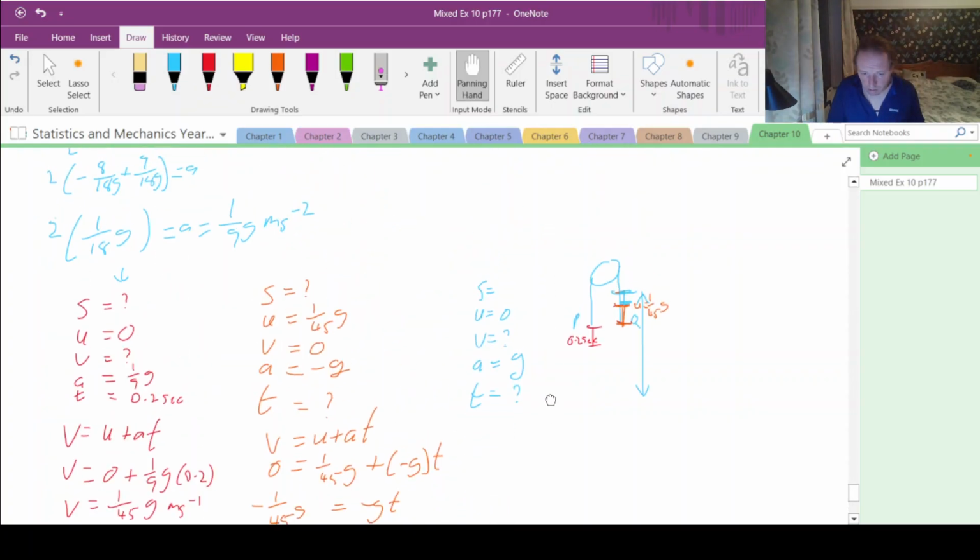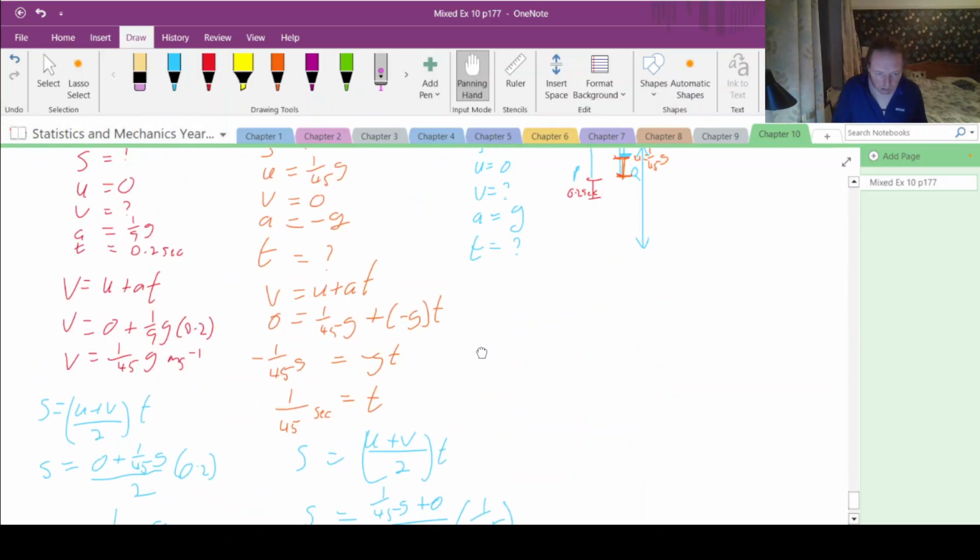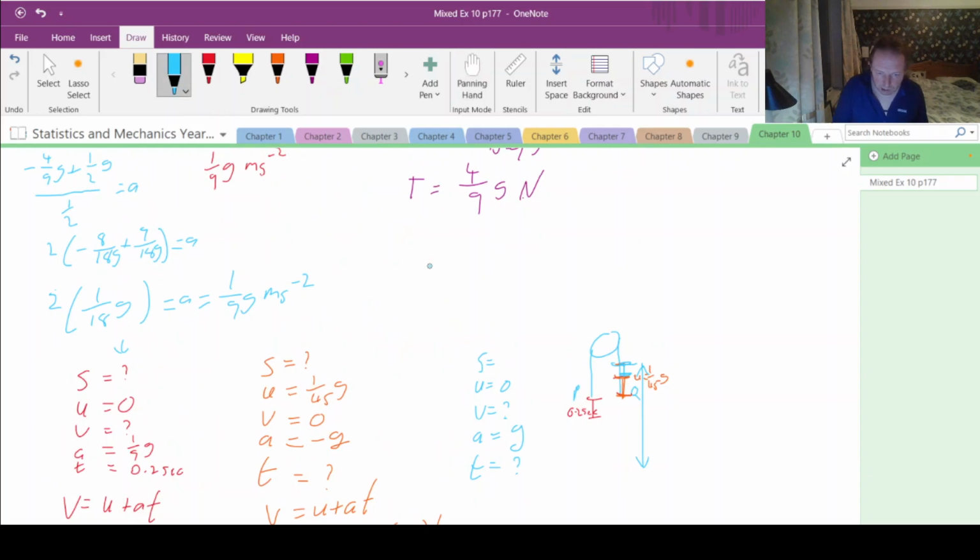Okay, so basically this one up here is your 1 over 450 g plus your 1 over 4050 g.